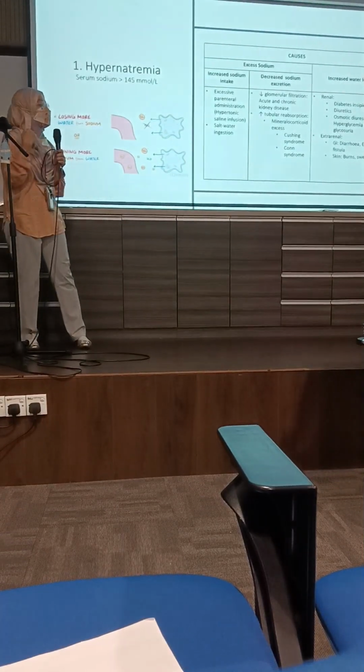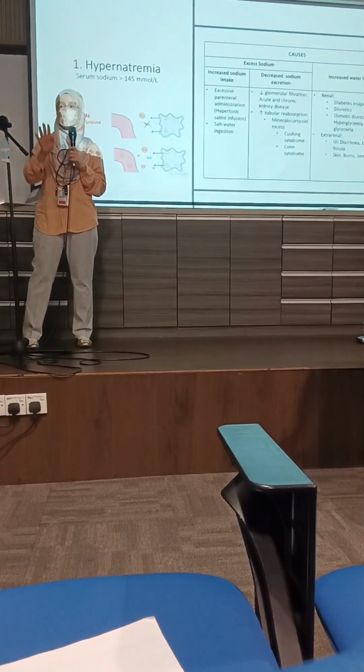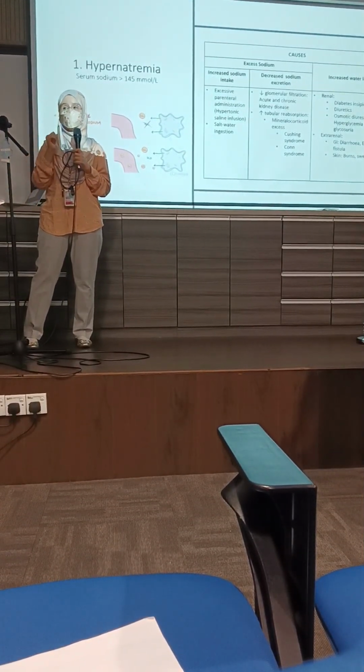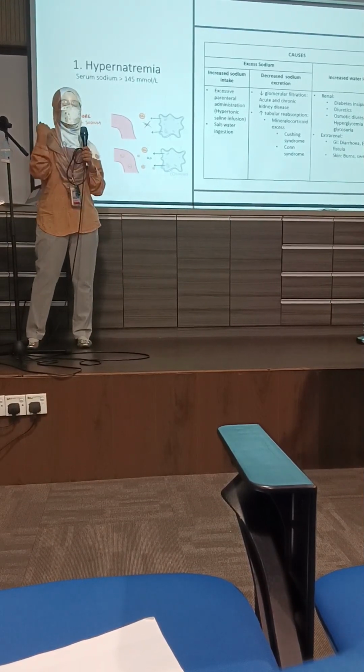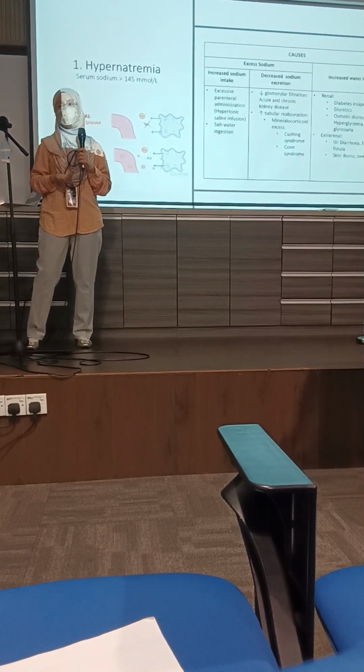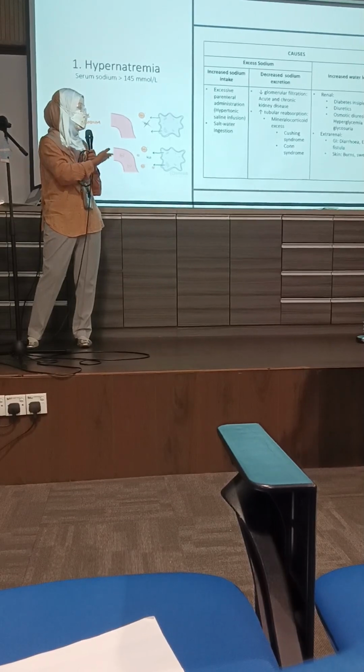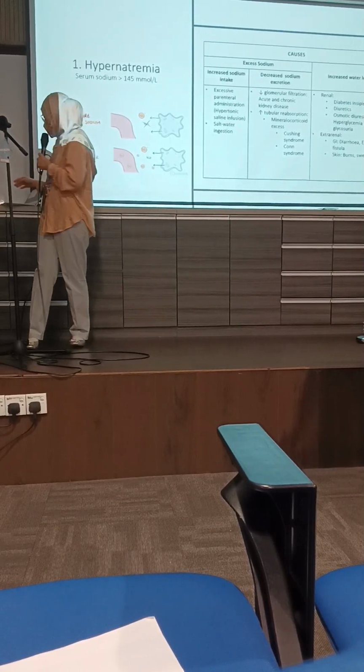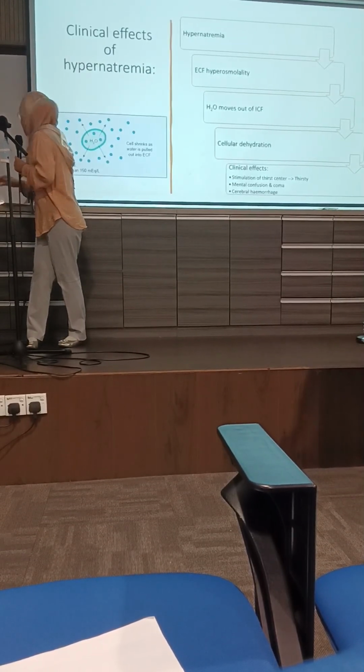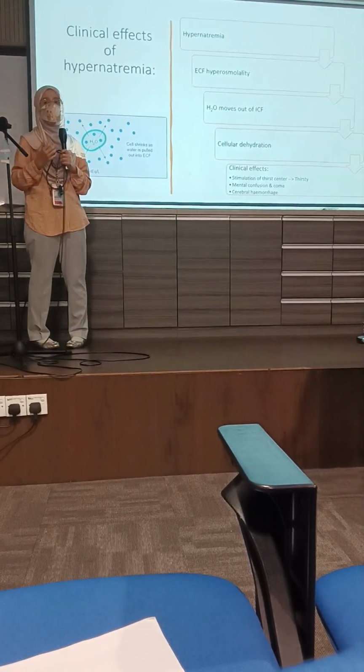Okay. While for increased water loss, we have discussed it a lot in the previous section. Causes can be renal or extra-renal, such as sweating, burns, diarrhea. So what is the effect of hypernatremia?